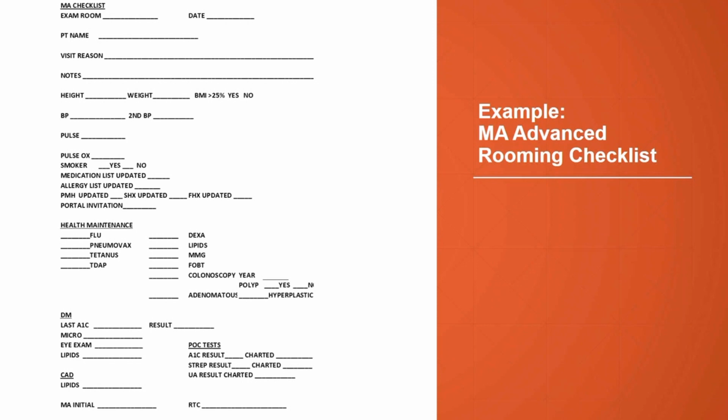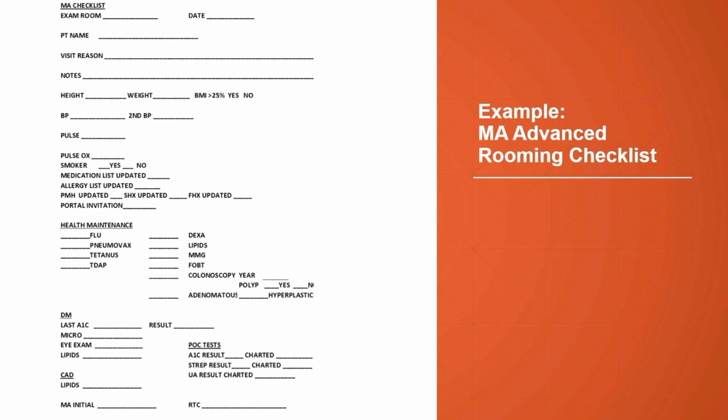The advanced rooming checklist, or pre-visit planning checklist, used for advanced rooming here at St. John Clinic has about 17 items on it, and we've been kind of perfecting it. It's definitely PDSA in action. You start with a few things and expand it. When you find out you've got too many things, you narrow down to the most important, and it's kind of a living document.